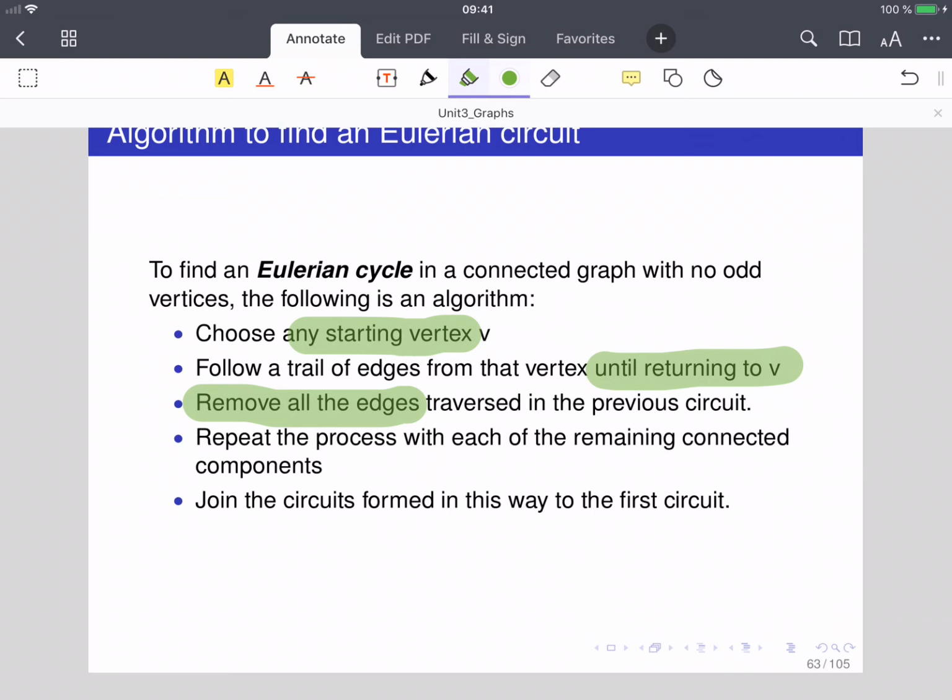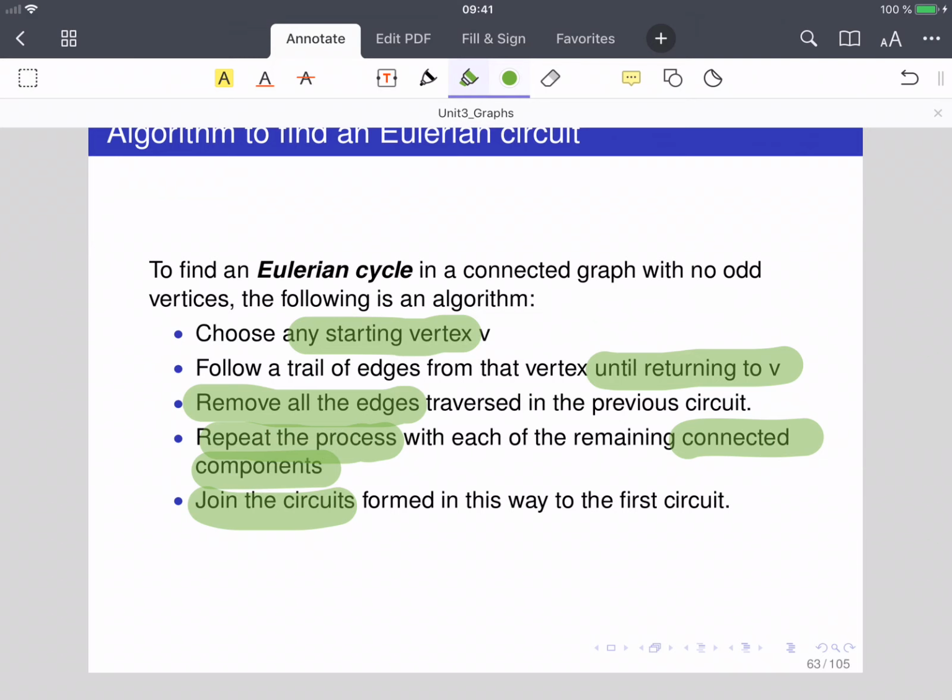And after we do that, we can connect that cycle to the first cycle that we computed at the beginning, to form a big cycle. So we repeat the process with each of the connected components, and then we join the circuits with the original one. This is better seen with an example, but the idea is very simple. We choose a vertex, we generate a cycle.